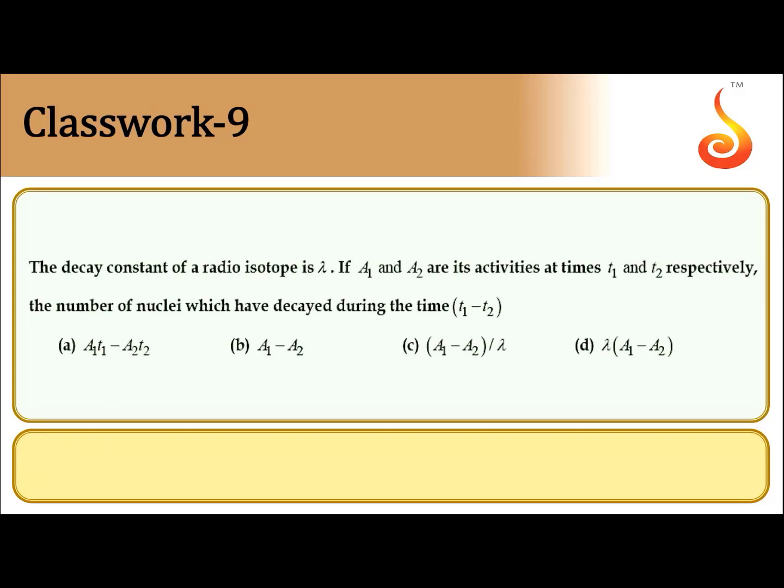Example 9. The decay constant of a radioisotope is lambda. If A1 and A2 are its activities at times t1 and t2 respectively, the number of nuclei which have decayed during the time t1 minus t2 is. So A1 is equal to lambda N1 and A2 is equal to lambda N2.